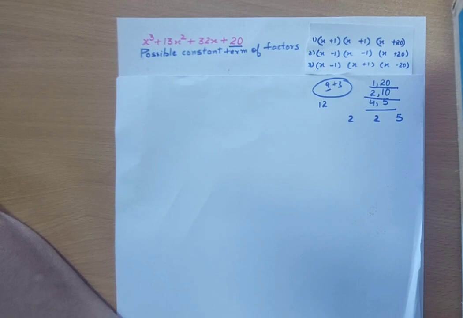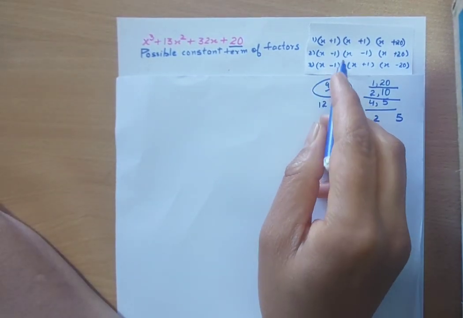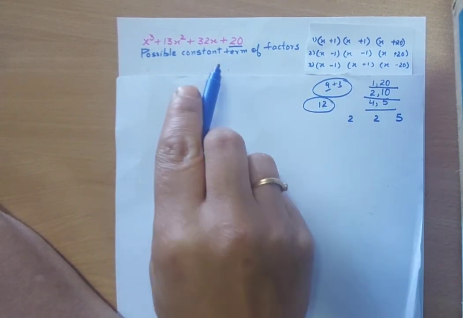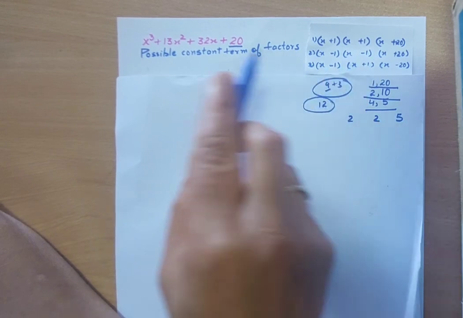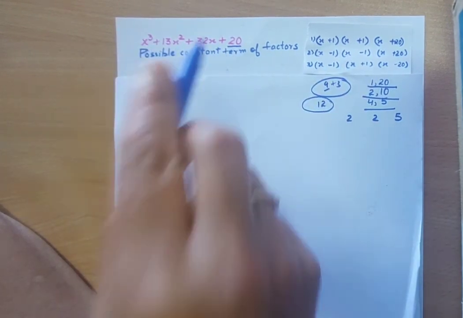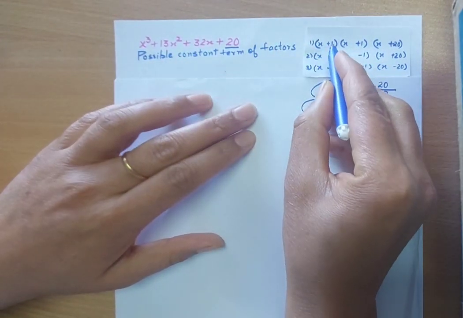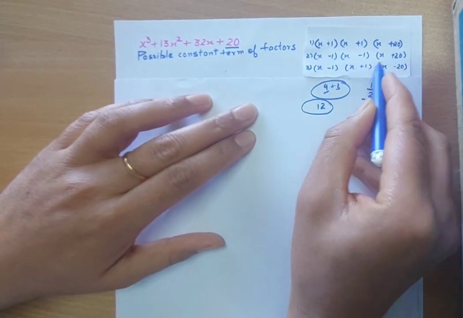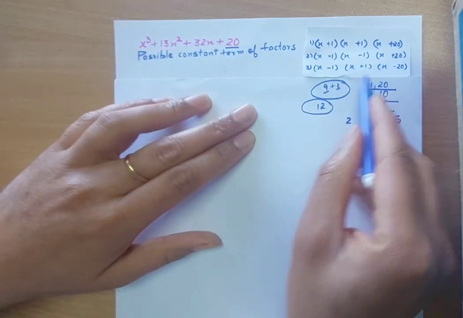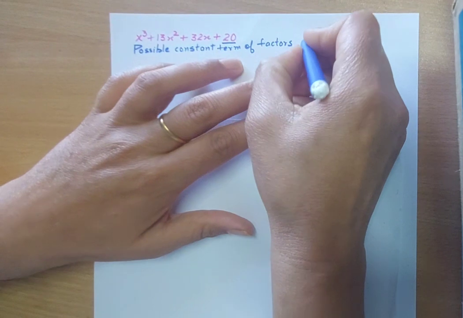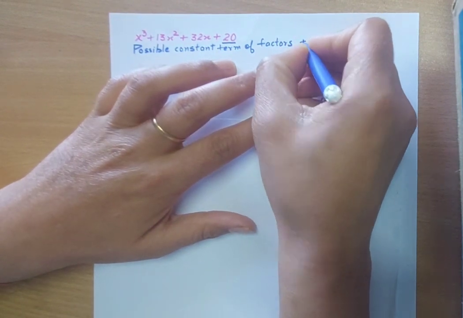Let's see. So that the work is not very lengthy, I'm combining the results of these 12 possible factorizations of this polynomial. The result is that the possible constant terms of the linear factors of this polynomial are +1 or -1, both.